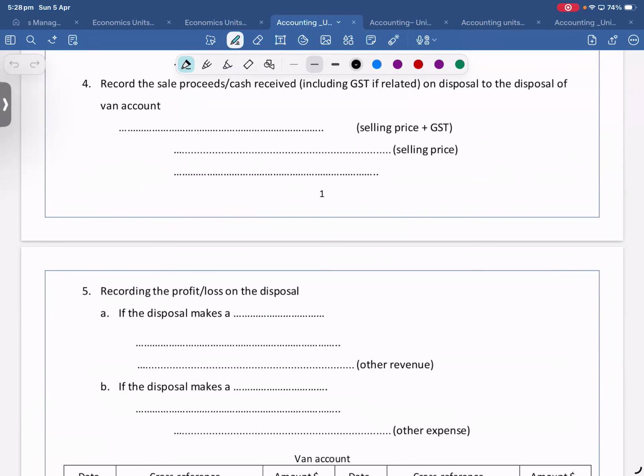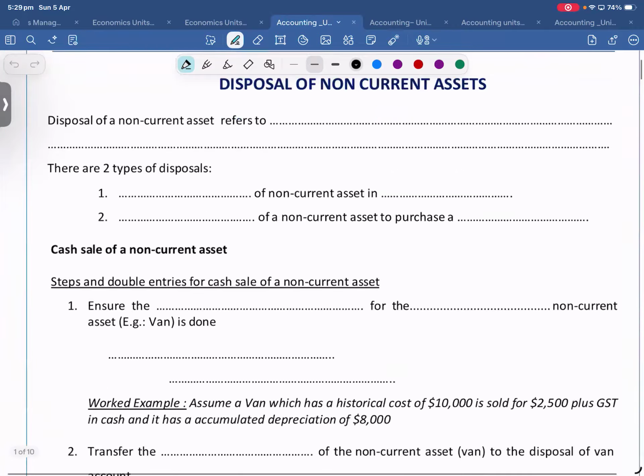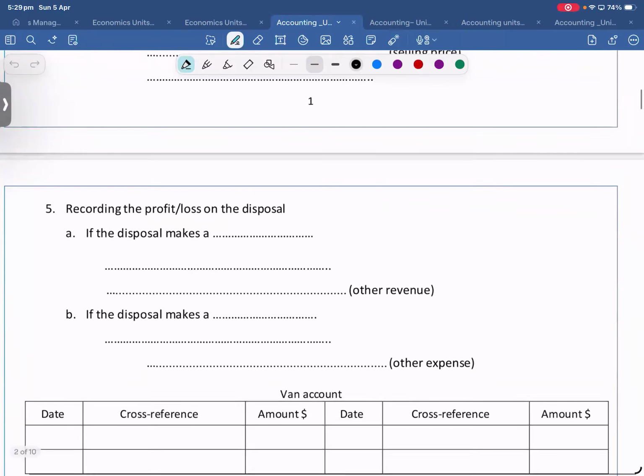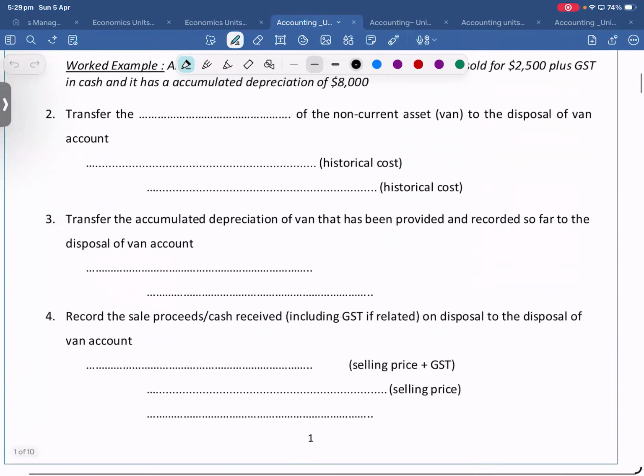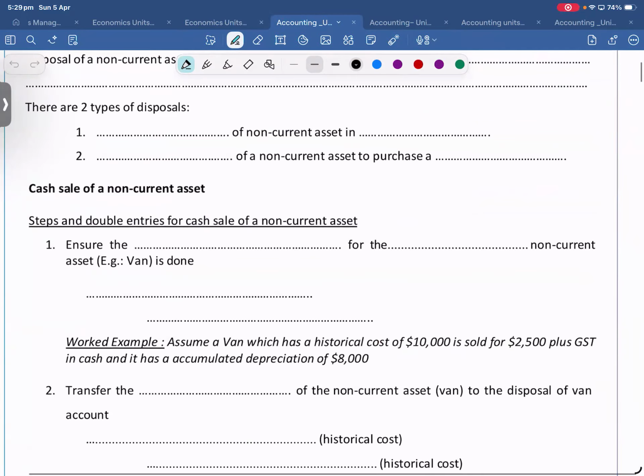So remember, guys, this one has four sets of double entries. And the next one, the trade-in, the second method, has 5 sets of double entries. One extra. Even if you look at any textbook, you don't have the note this clear. Let's check with your school if your teachers do it like this.